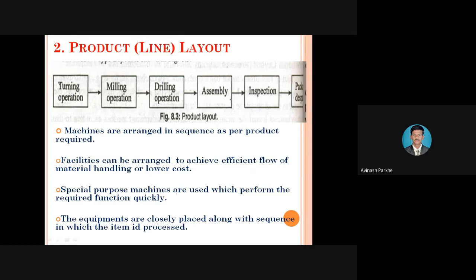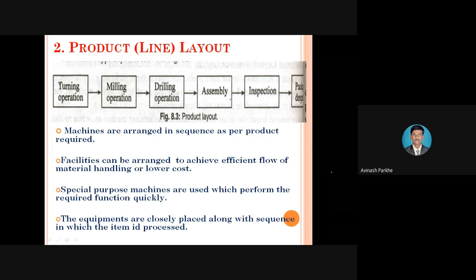Then special purpose machines are used which perform the required functions quickly. So in this product layout, some special purpose machines are also provided. Special purpose machines in the sense that, in between turning and milling operations, you sometimes have to utilize a CNC machine or a VMC machine.